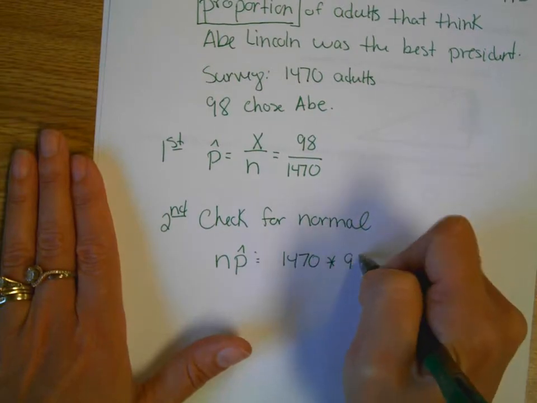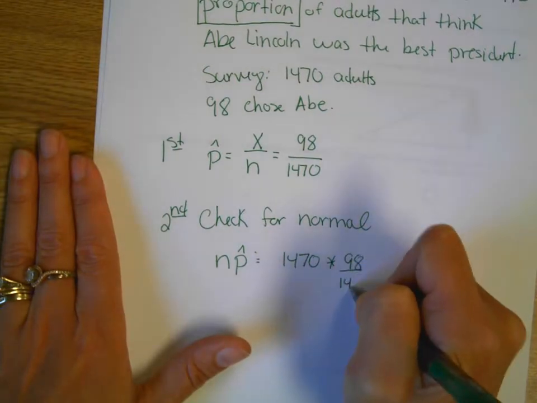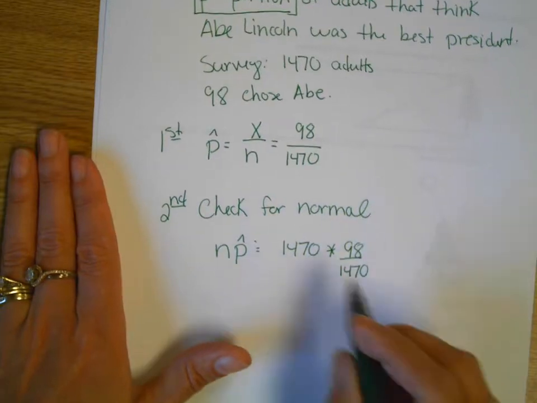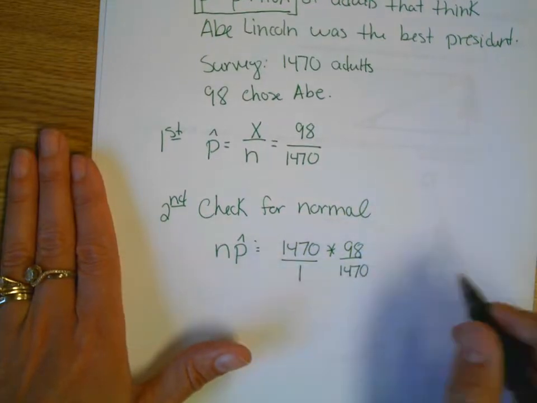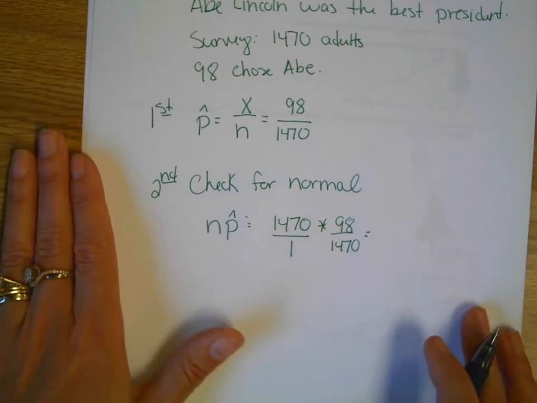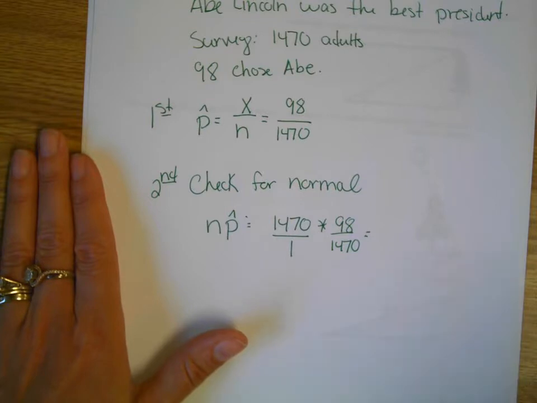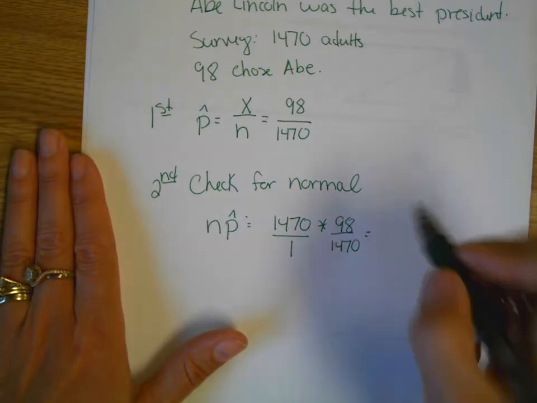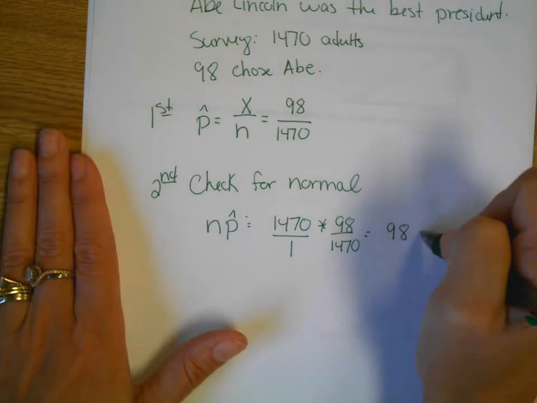Well, p hat is 98 over 1470. So what are we actually finding when we multiply n times p hat? The number of successes. If your number of successes is greater than or equal to 5, then you check your number, essentially the number of failures, which we'll find out.